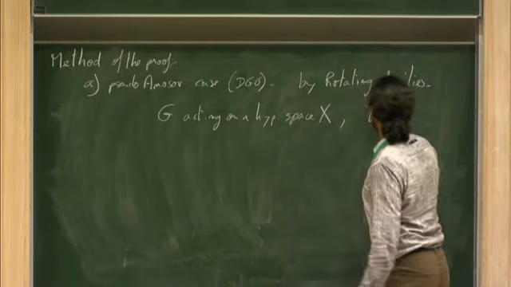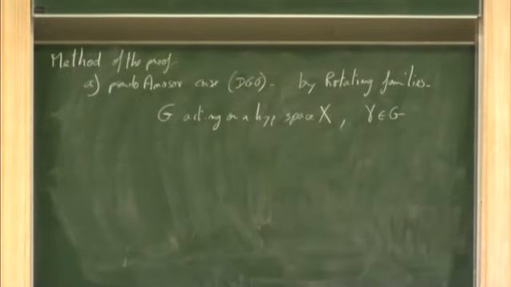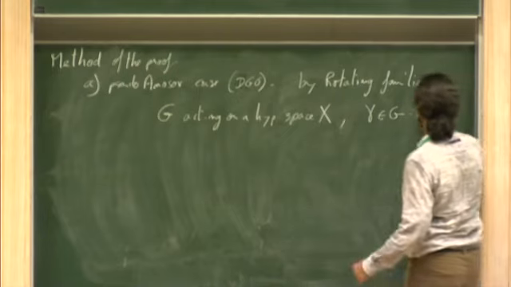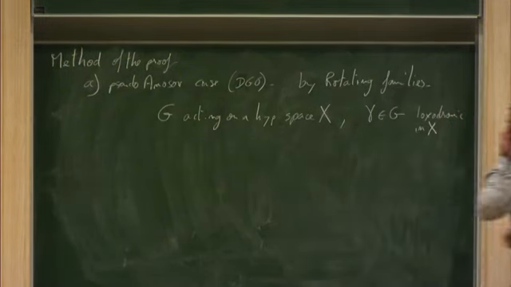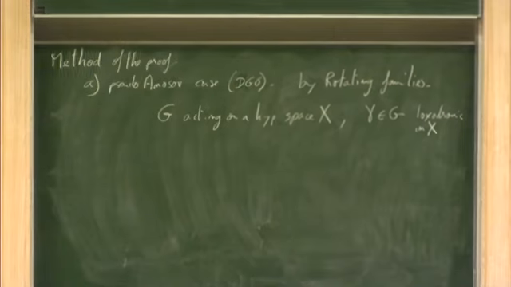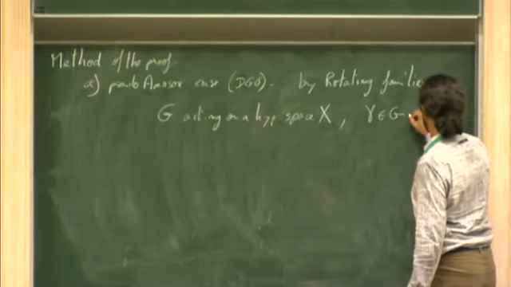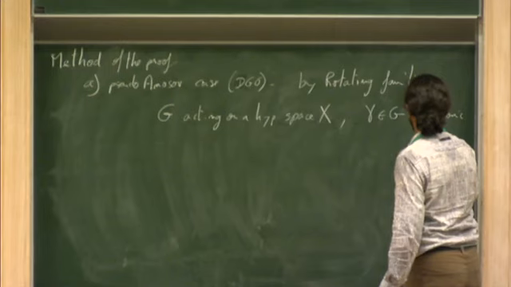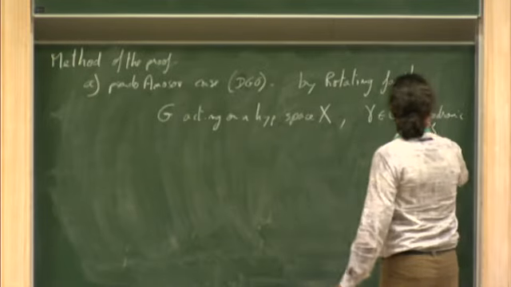And you have gamma in G that is loxodromic in X, that is, there's an axis in X. And that has an interesting property called weak proper discontinuity, WPD for the experts.